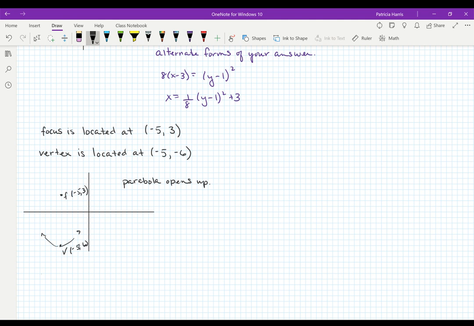Now I know that my formula looks like this. I have a vertex, they told me that. Now I know that 1 over 4p is positive because it opens up.